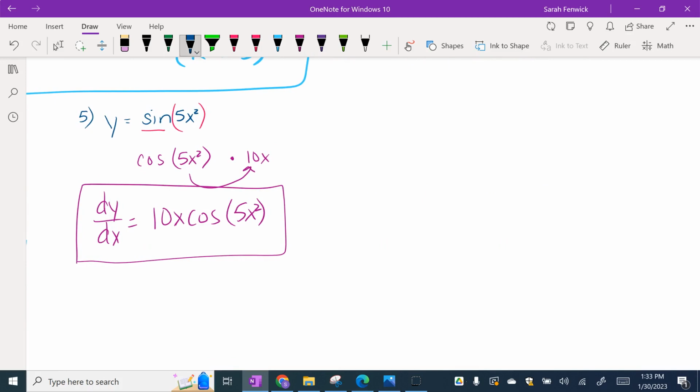This time I want to have it as y equals sine of 5x, quantity squared. Now, very simply, I could square the 5x and get 25x squared and do the same thing. However, just in case you don't think of that, sine is my primary function, my outside function. So I'm still doing cosine of 5x squared.